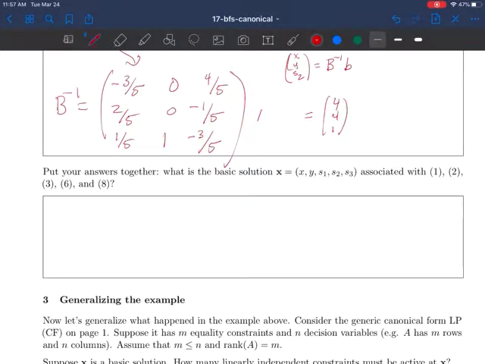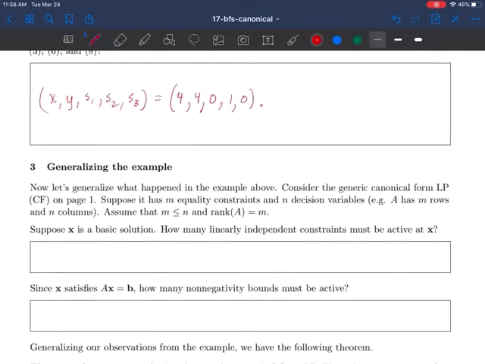So putting all this together, the basic solution associated with 1, 2, 3, 6, and 8 is x, y, s1, s2, s3 equals 4, 4, 0, 1, 0. Okay, so that's the solution.